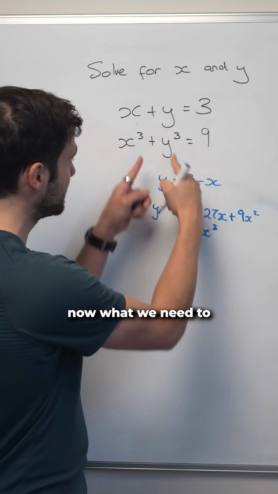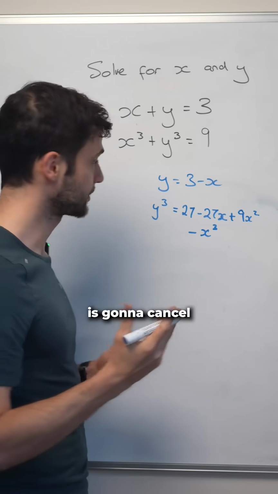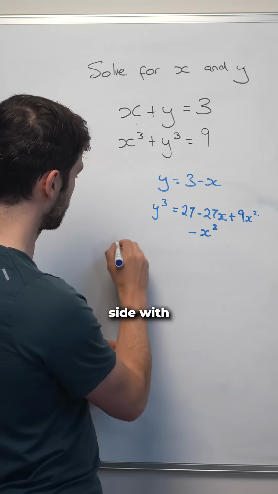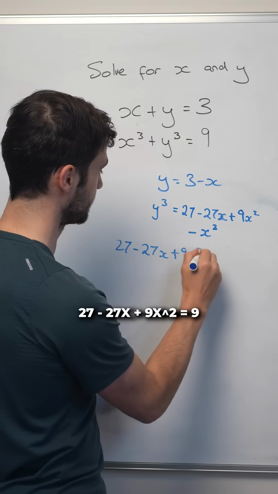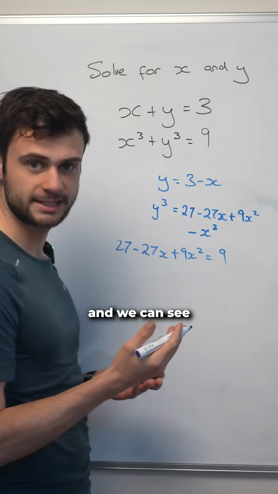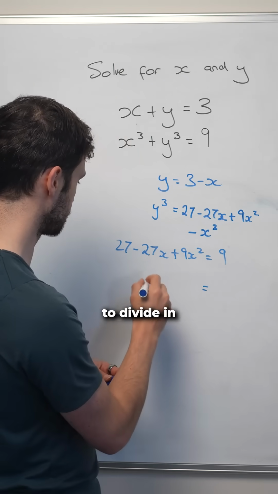So we know now what we need to substitute in here. We can see that the minus x cubed and the plus x cubed are going to cancel. So we're just going to be left on this side with 27 minus 27x plus 9x squared is equal to 9. We can subtract 9 from both sides and we can see that there's actually a multiple of 9 here. So we're going to be able to divide in just a moment.